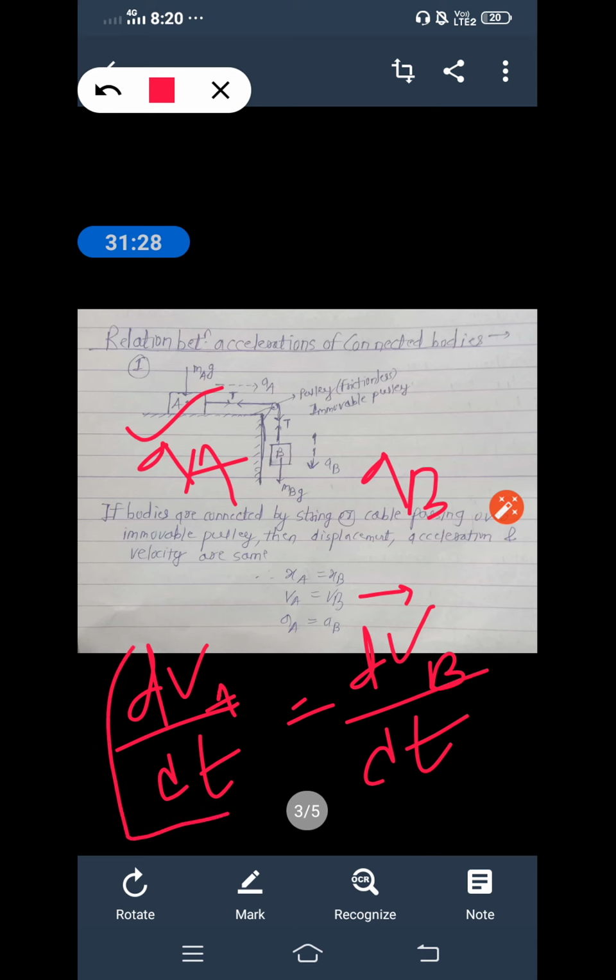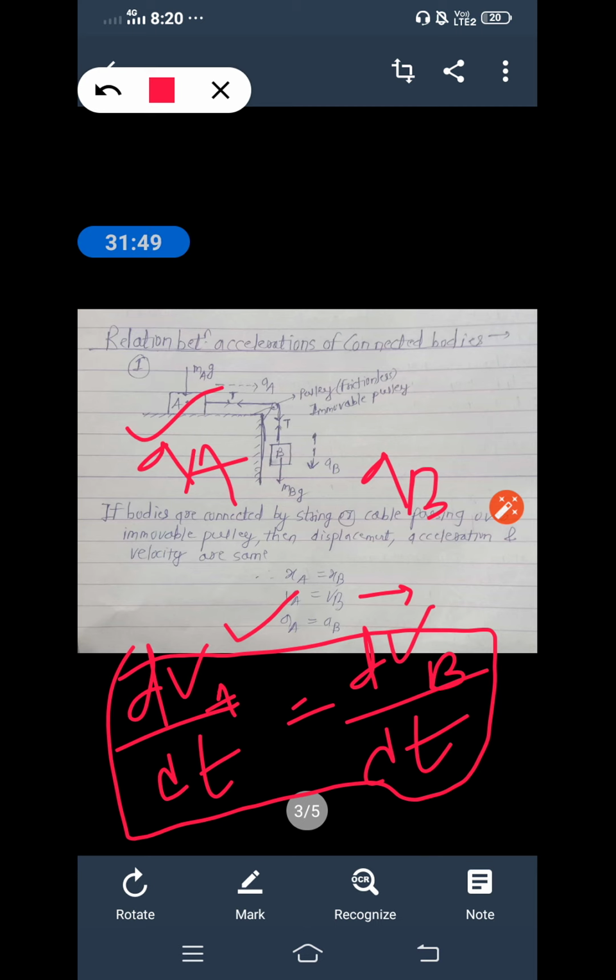Once we differentiate with respect to t, this is nothing but acceleration of A equals acceleration of B.